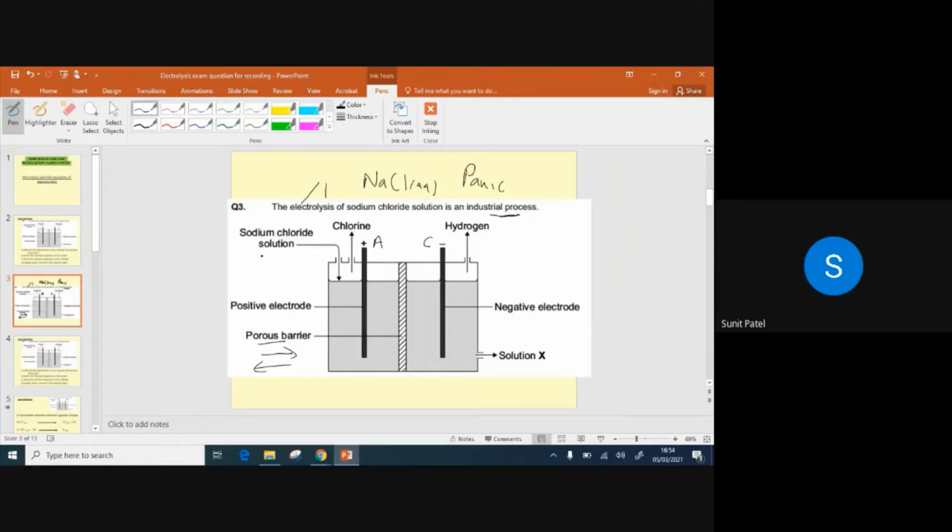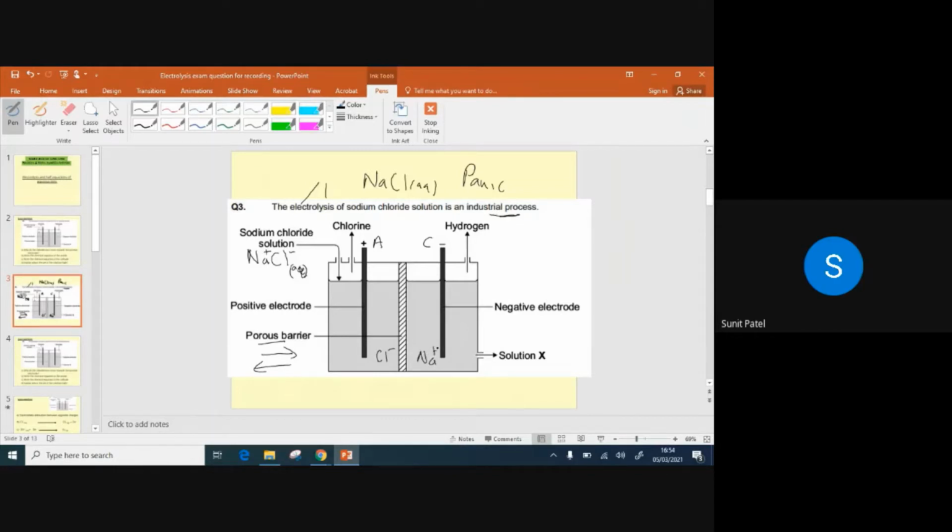Let's look at the chemicals involved here. So I've got sodium chloride. It's aqueous. It's in solution. It's an ionic compound. Therefore, I've got negatives and positives here. Since it is aqueous, let's put it into the grey area. So we've got on this side chloride, and this side sodium ion.